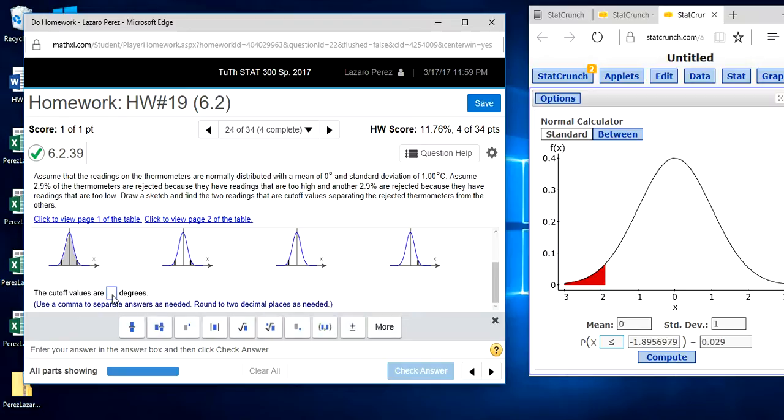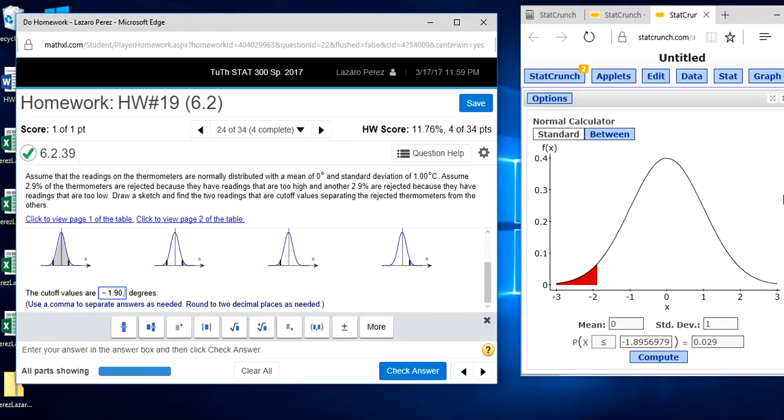And they want both z-scores. So the first one is negative 1.89. We got it rounded to two decimals, so that will round up to 1.90. And normal distributions are symmetrical, so we don't even have to find the other one.